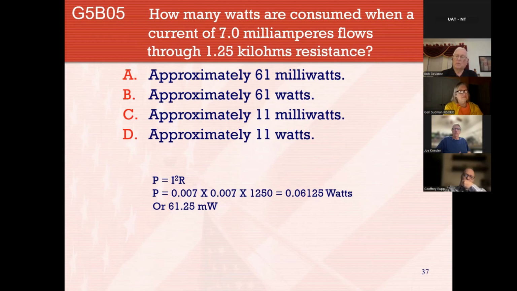Multiplied gives us 0.06125 watts, but they're not giving the answer in watts that match that. They're looking for milliwatts. So again, we move the decimal place in our answer, the 0.06125 watts, 3 places to the right, and we get 61.25 milliwatts, or thousandths of a watt.